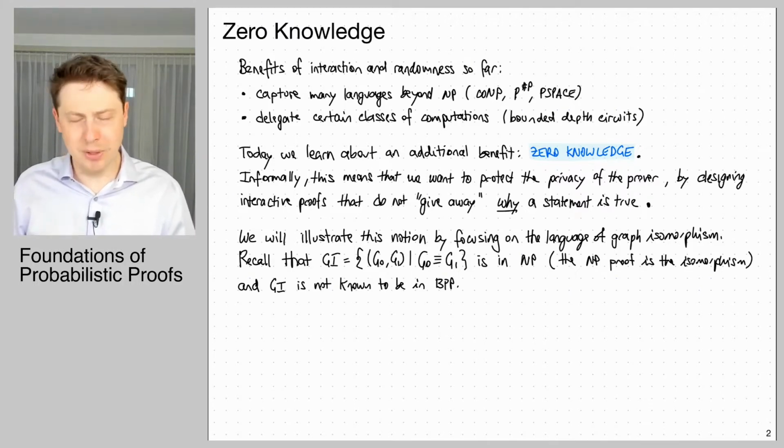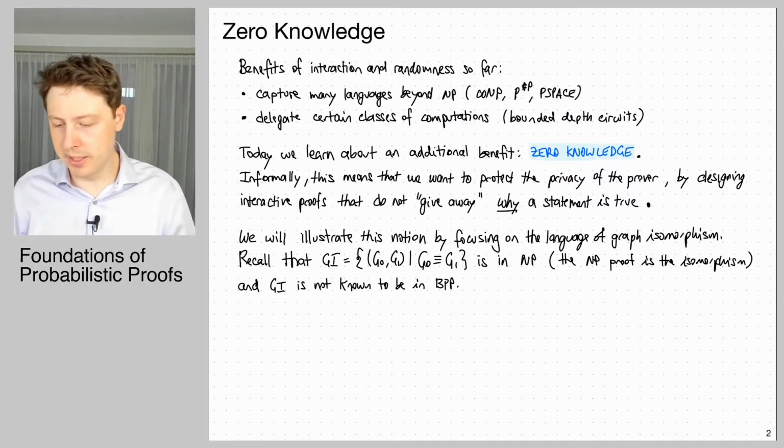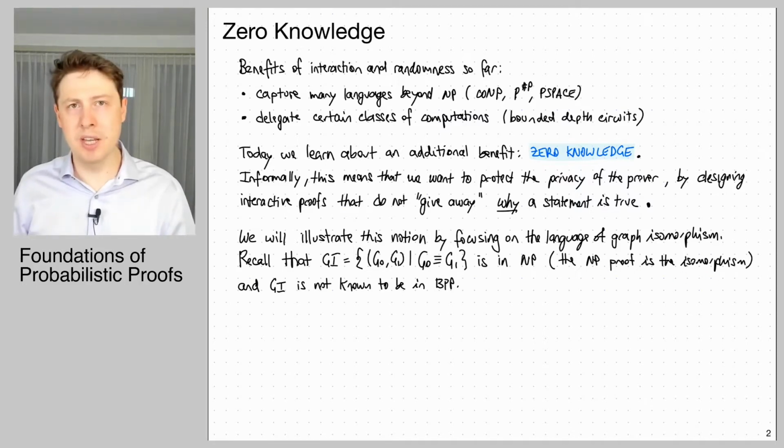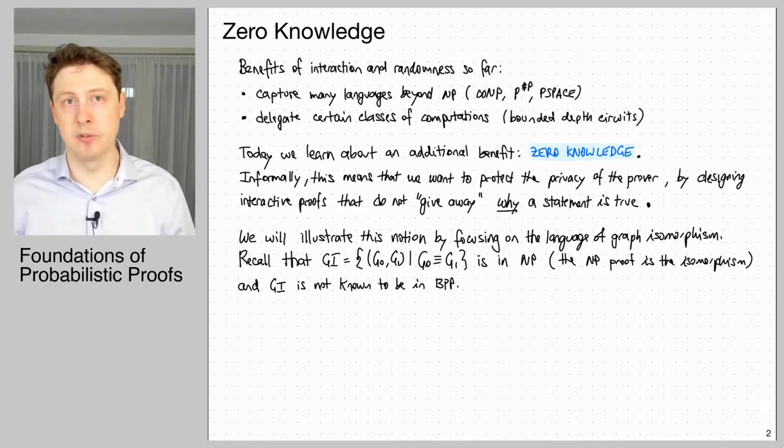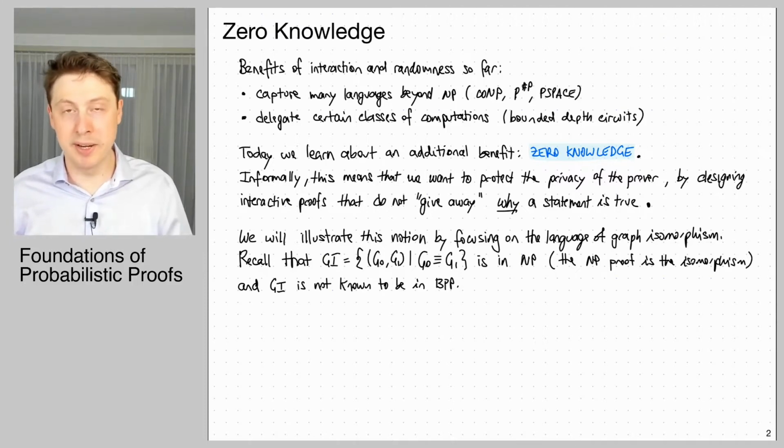But wait a second, this language is anyways in NP, so we do have an interactive proof. It's just the NP proof, right? The last time we talked about graphs and isomorphism, it was about graph non-isomorphism. That was a coNP style language for which we didn't have a classical mathematical proof.